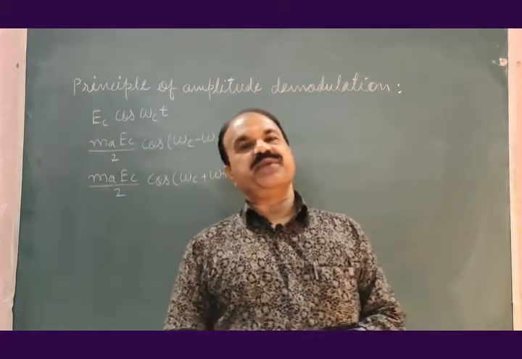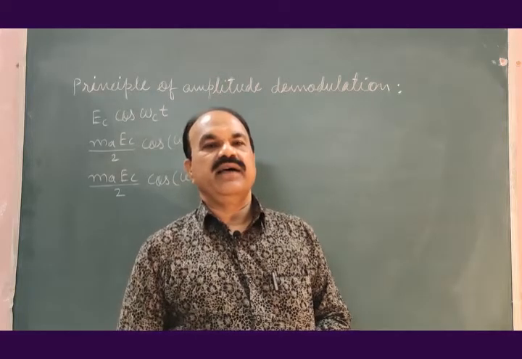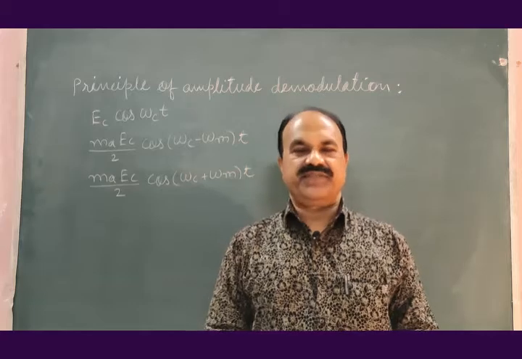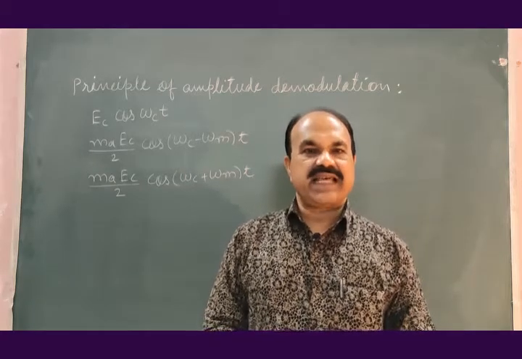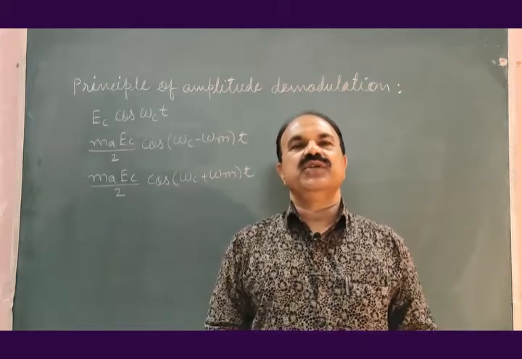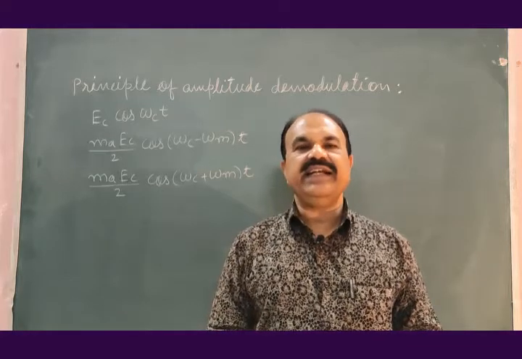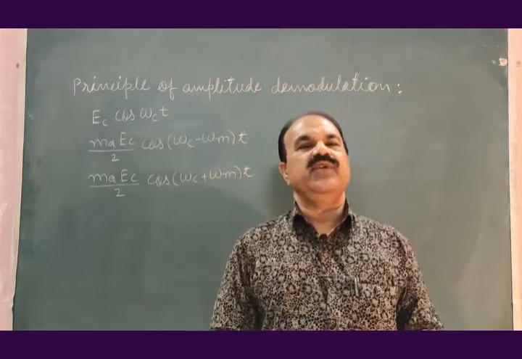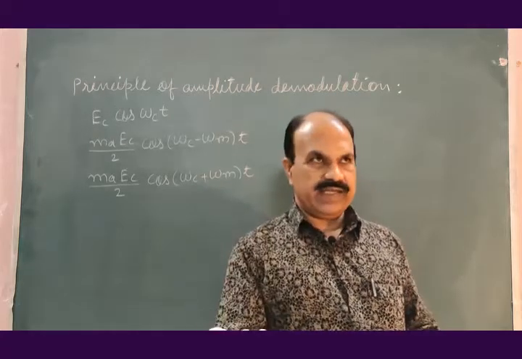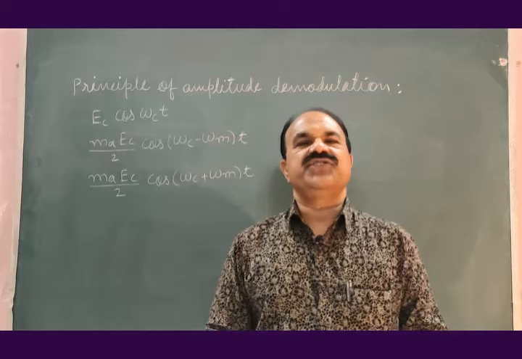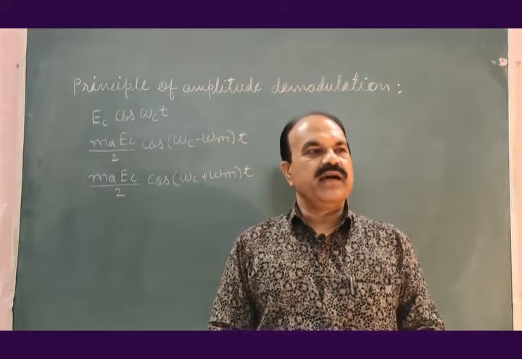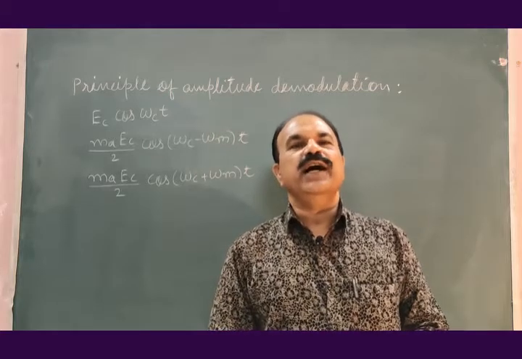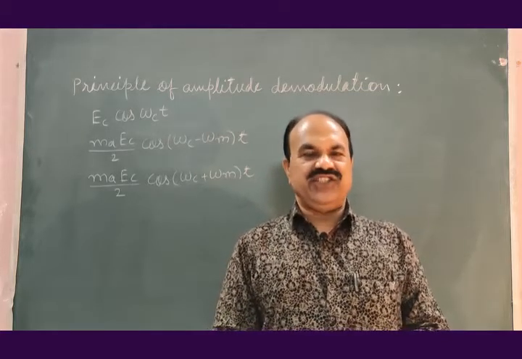We shall use this principle, and with the help of this square law device, we shall extract the information we needed to extract from the amplitude modulated voltage. And therefore, the next and last article of this unit is the linear diode detector or amplitude demodulator.